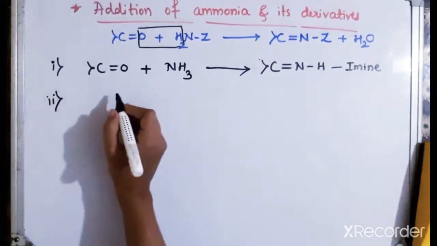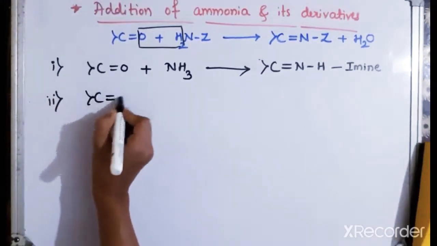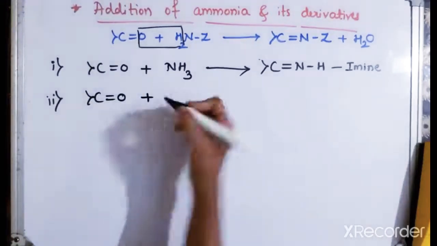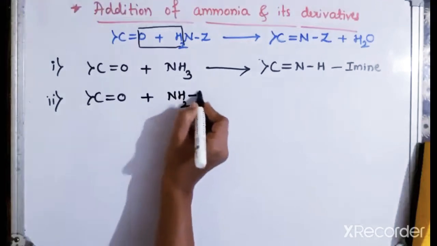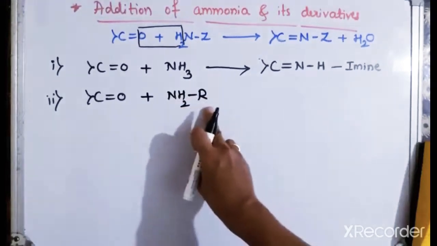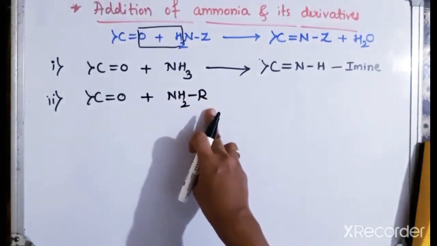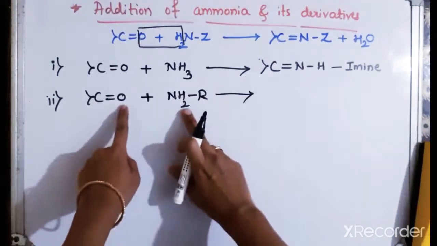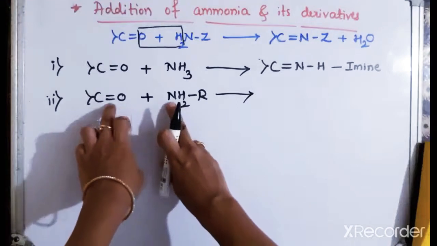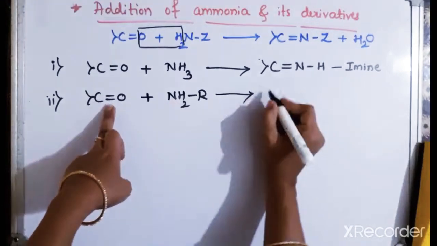Second one, if I take an alkyl group or an aryl group, if it is not hydrogen, if it is R, it may be an alkyl group or an aryl group, then what happens? As I said, there is a loss of water molecule. So remove H2O and connect the nitrogen with the double bonded carbon. So what you get?